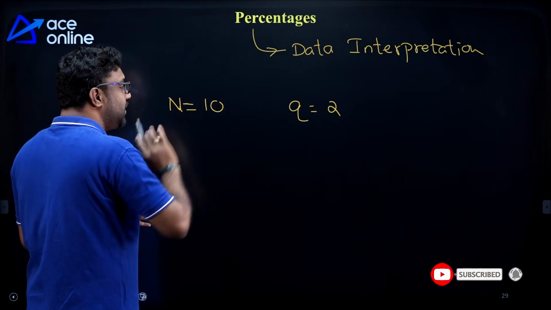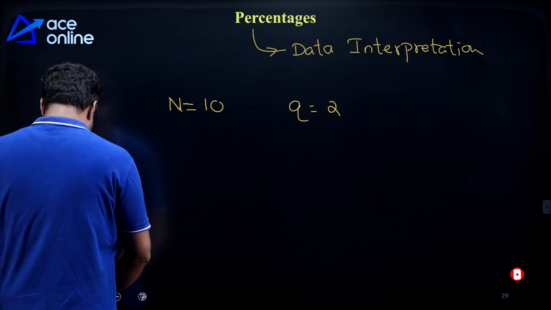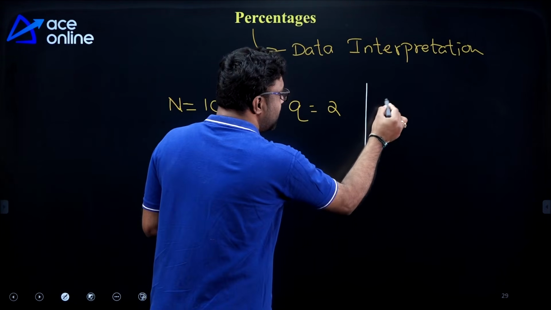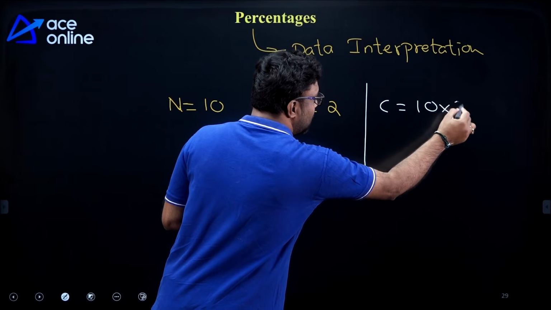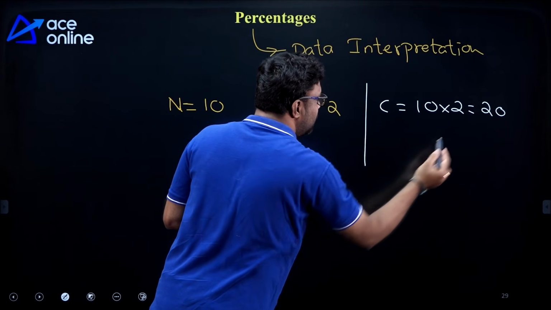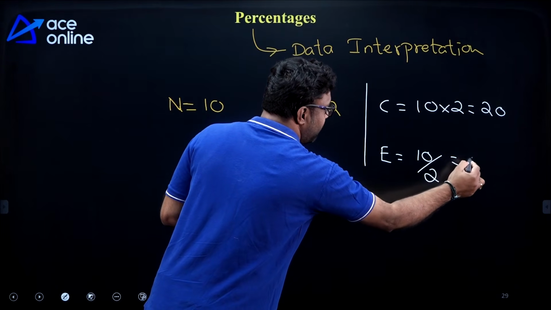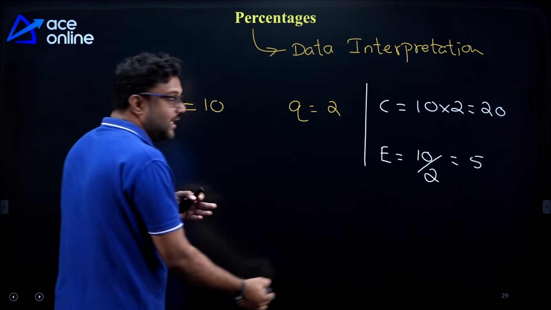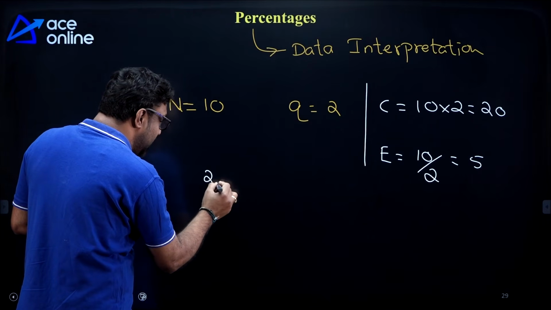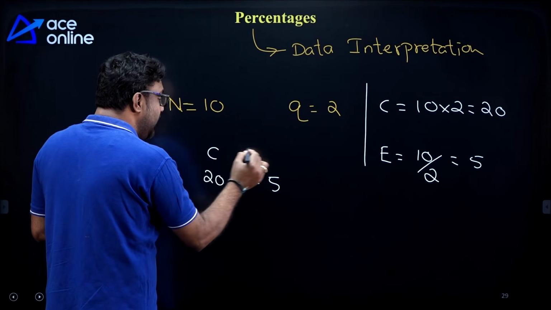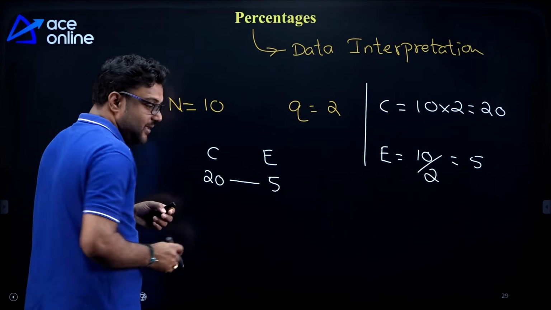I have to multiply by q but instead divided by q. The correct answer must be 10 into 2, 20, is what I want to get. But due to the mistake, I divided by 2 and got 5. So I have to get 20 but I am getting 5.